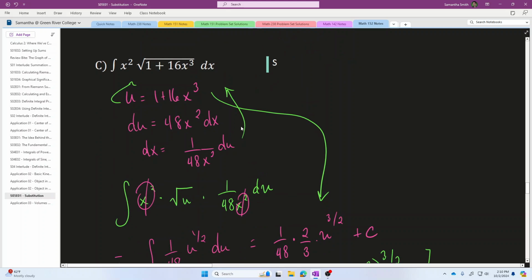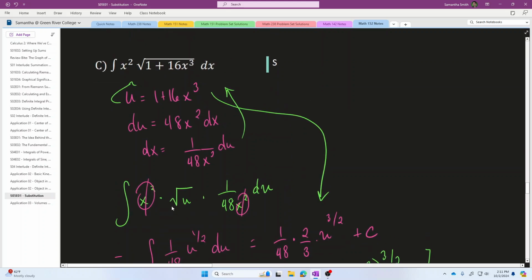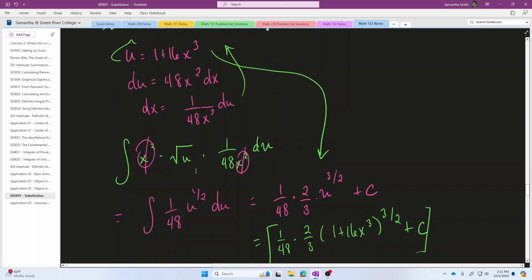Now notice that as I am trying to do my substitution and as I'm choosing what u should equal, I generally try to make u complicated. I try to make u contain all of this complexity that is underneath the square root. So I make u equal to the entire quantity 1 plus 16x cubed, because if I make u equal to this entire quantity, then when I do the substitution, what ends up underneath the square root is really, really simple and really, really nice.